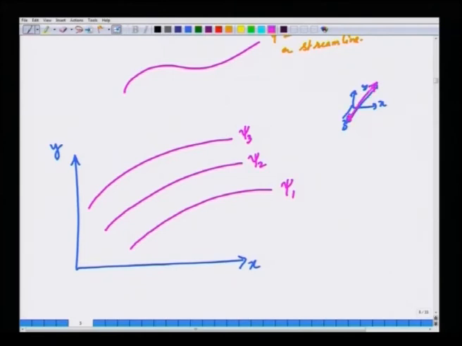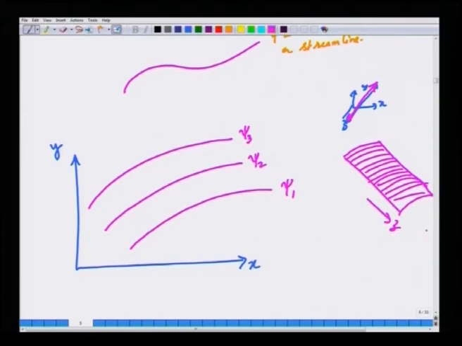So, these streamlines are almost like sheets in the third direction. You can always construct many such streamlines in the third z direction, and there is no variation of any quantity in the third direction. So, you can cut at any cross section and they look like lines.